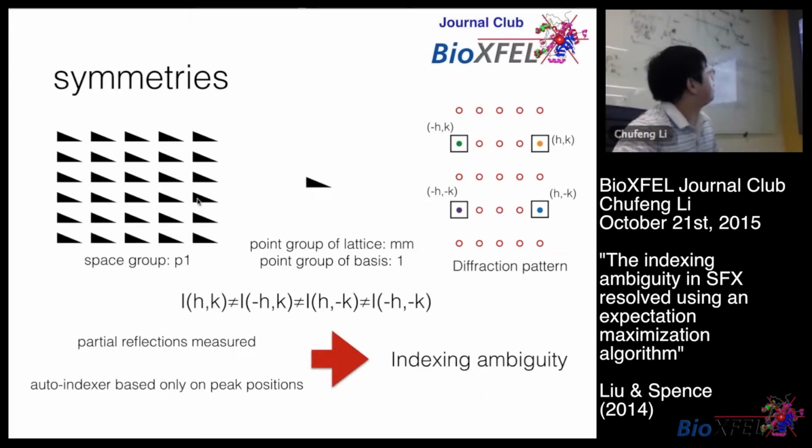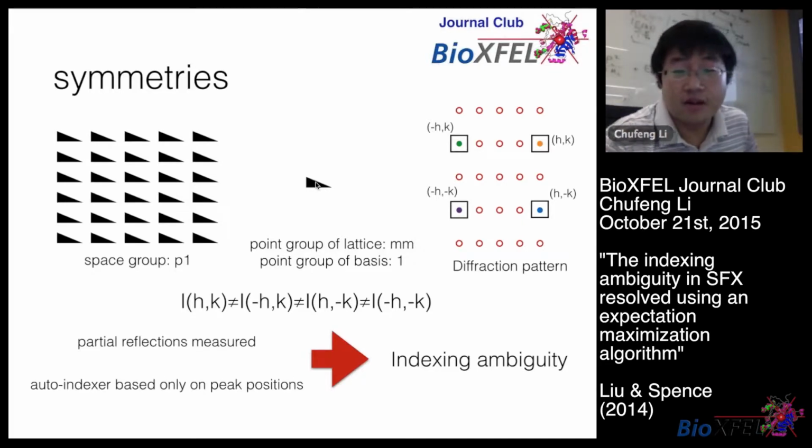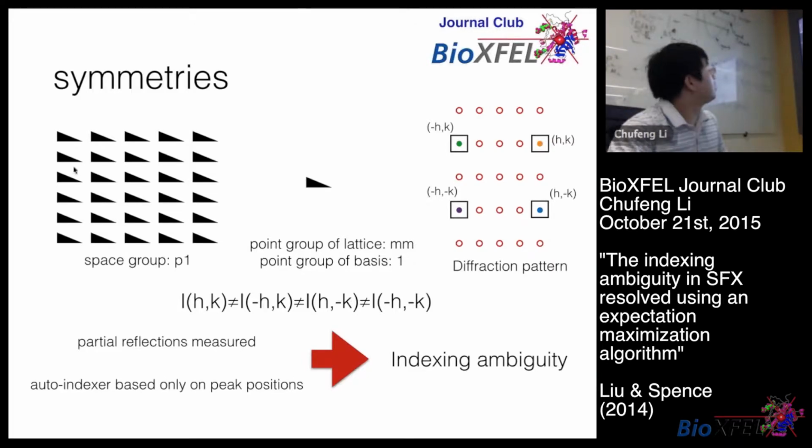However, if we consider a different basis, we shift from the basis shown in the previous slide to this basis. You can see that the point group of this crystal is lowered, because although the lattice has mm point group symmetry, this basis doesn't. So the overall point group symmetry is just 1.